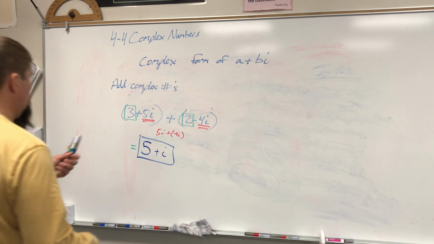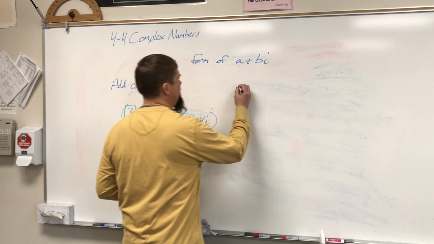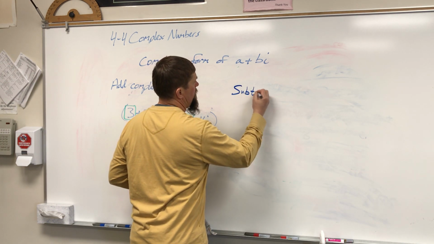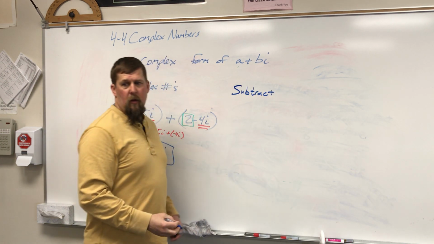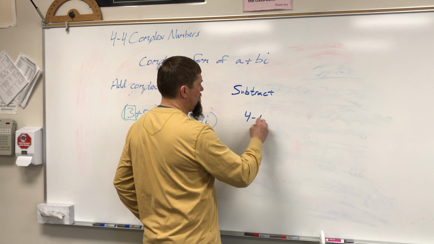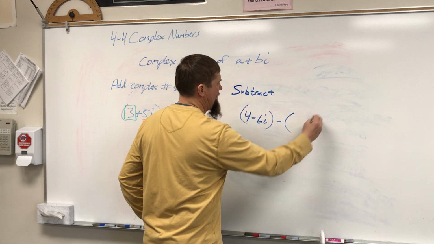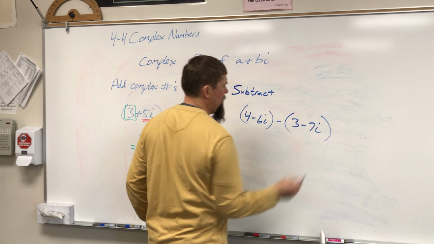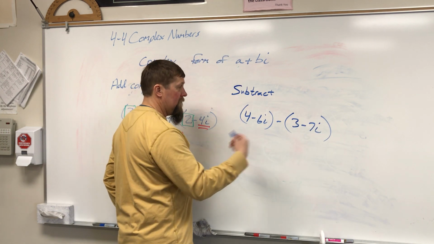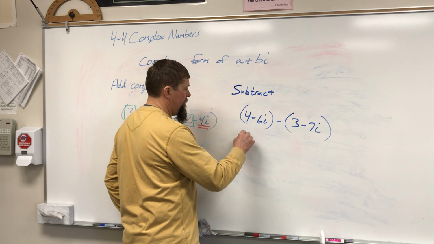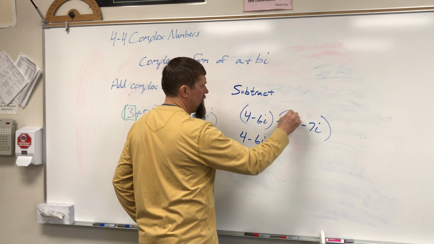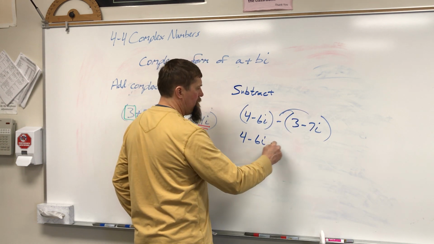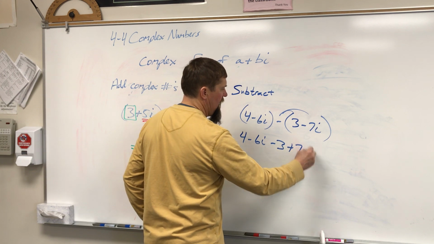Okay. Likewise, if I'm going to subtract, for example, 4 minus 6i, if I'm going to subtract 3 minus 7i, I can do this a couple ways. I have 4 minus 6i, but then if I distribute the negative, minus 3 plus 7i.